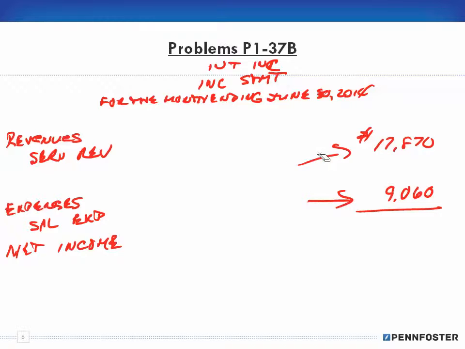If it was the opposite, I would have a net loss. When I subtract those two amounts, I have $8,810, and I draw a double underline under it because that represents the end of the mathematical calculation. So that's how we create the income statement.